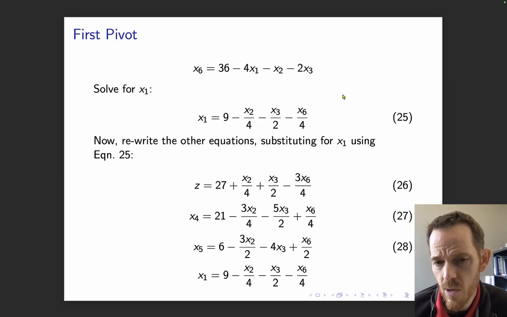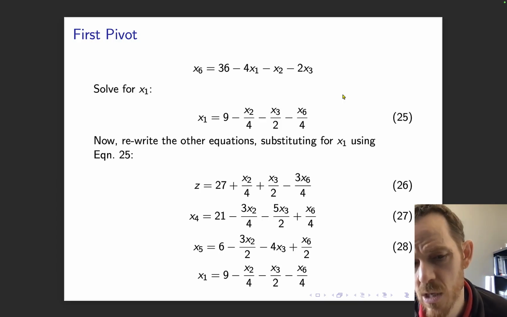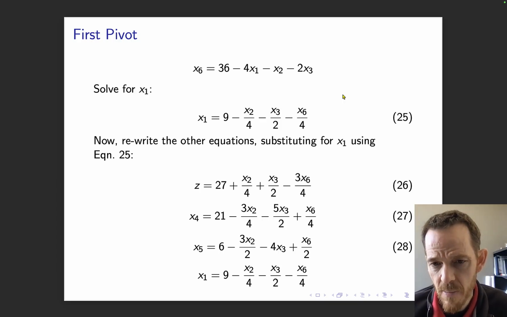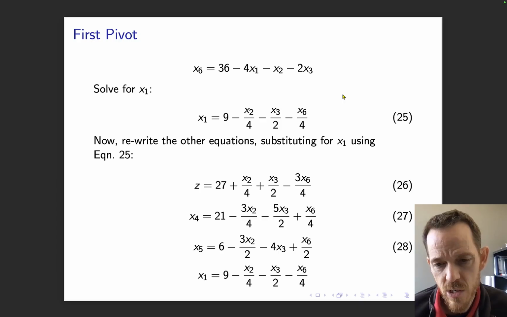So we have our new objective function shown here in equation 26, and we've rewritten the equation for x sub 4 using equation 25, and also the equation for x sub 5 using equation 25, and then we use equation 25 as one of our constraints.